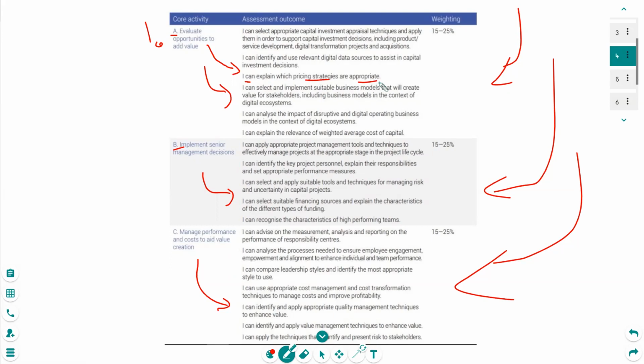As you can see, these I-CAN statements show a bit of a mixture. Let's look at another topic, which is the last one. Under core activity A, explain the relevance of weighted average cost of capital. Weighted average cost of capital has been explained extensively in F2.